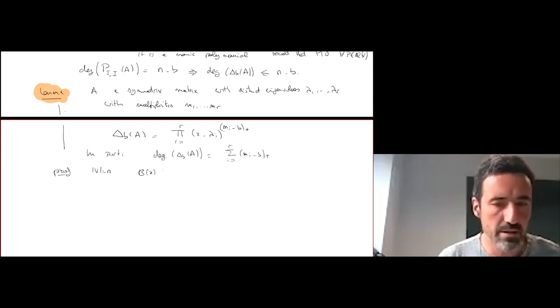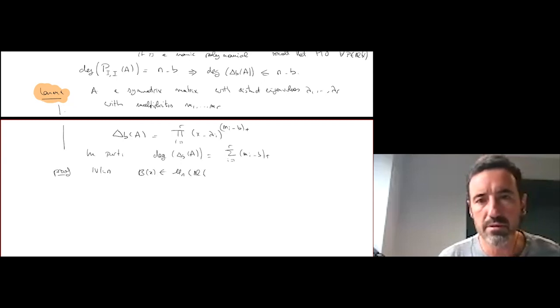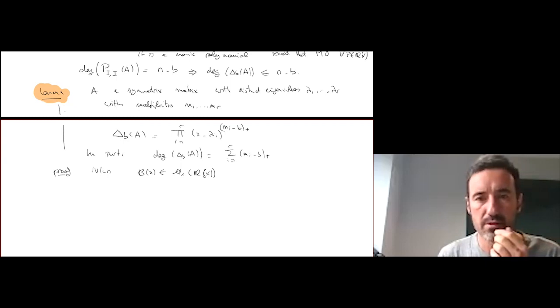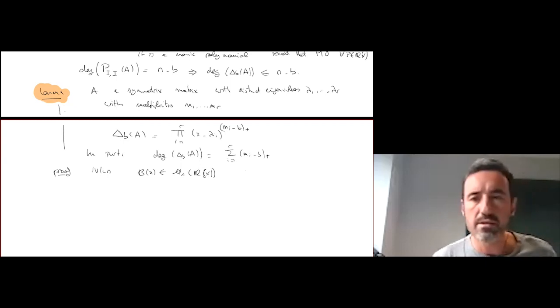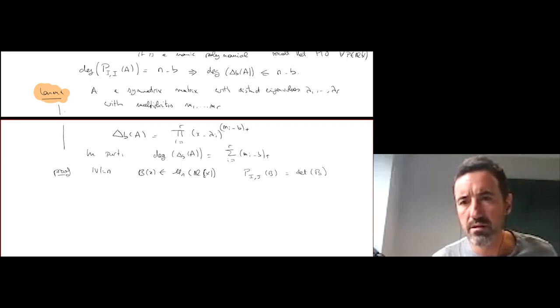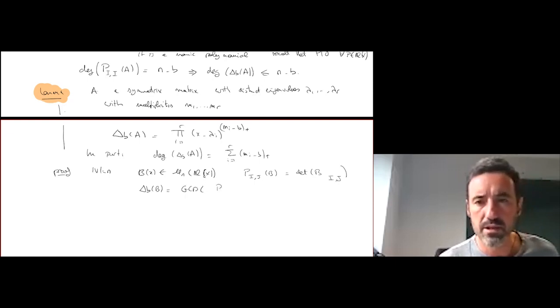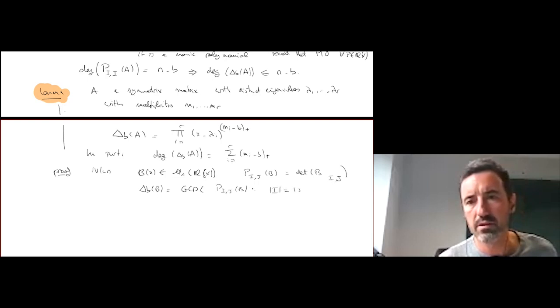You take a matrix valued polynomial B, so each entry is a polynomial. Then you define Pij of B exactly as we did: the determinant of B when you remove the rows I and columns j. Then you define again delta b of the matrix valued polynomial as the greatest common divisor of all Pij of B with cardinal of I equal to cardinal of j equal to b.